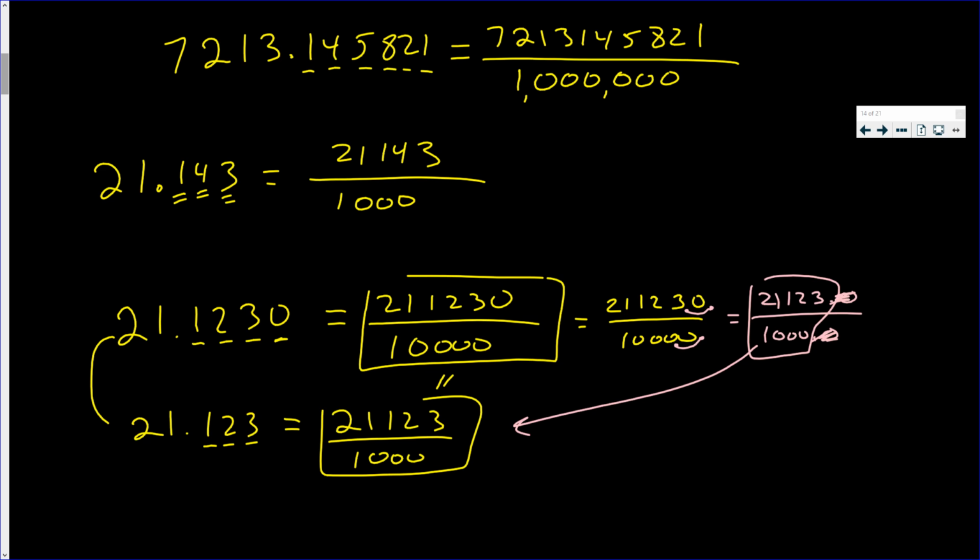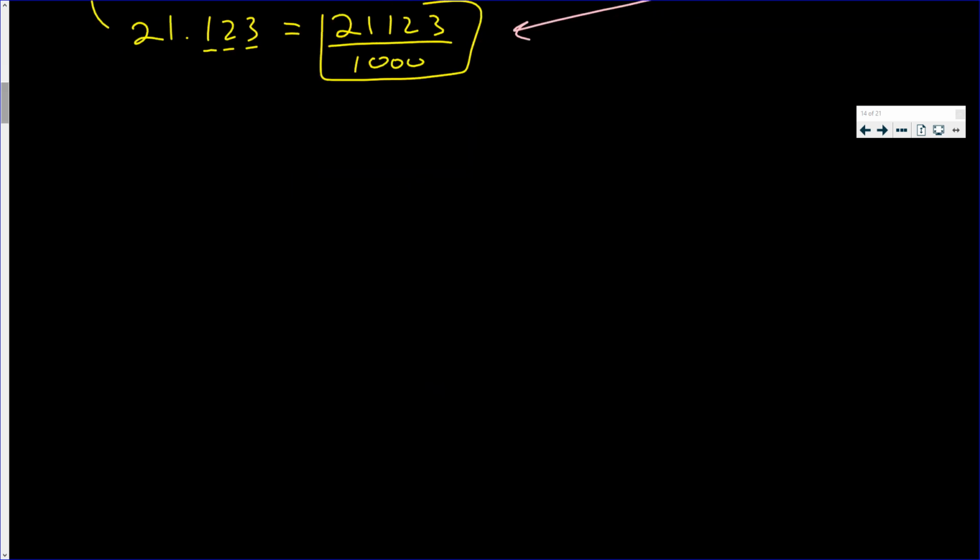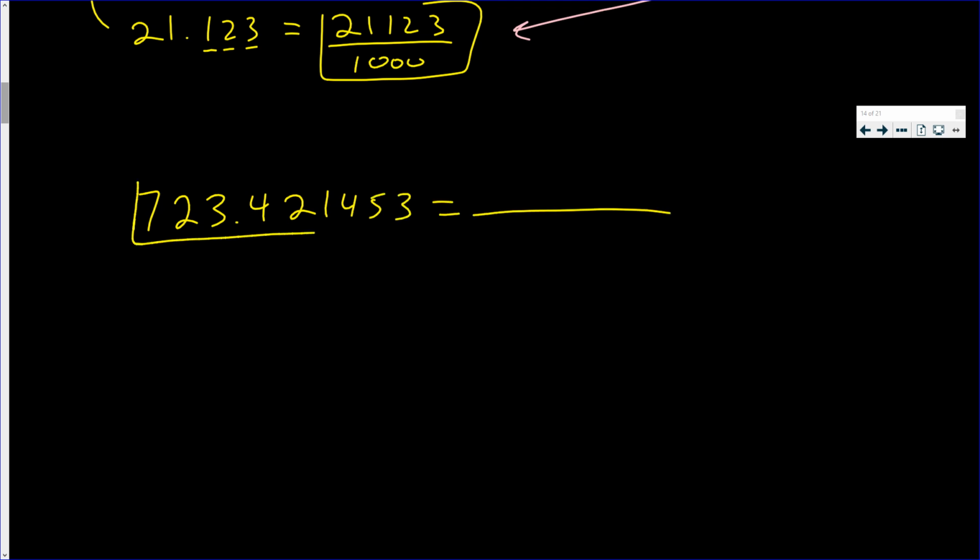Okay, changing a decimal number to a fraction couldn't be any easier. Don't be afraid. It's really simple. It couldn't be any easier. Step 1, write down this number without any decimals. 723421453.